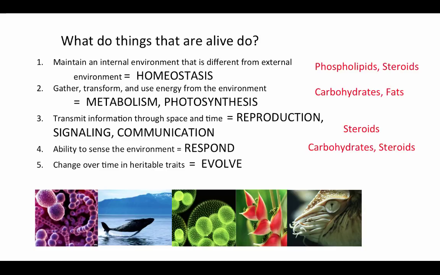This is part of the cell's ability to respond to its environment. And steroids also, in their role as hormones, are going to send signals through the body in response to inputs from the environment that coordinate bodily responses to those stimuli. So that's also going to be really important.